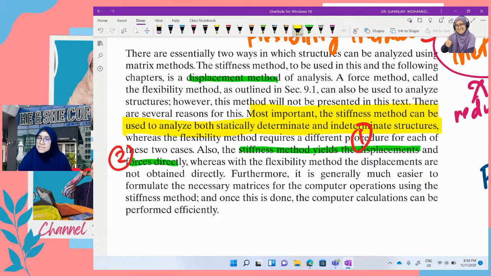And the theory behind all structural engineering software is actually the stiffness method.